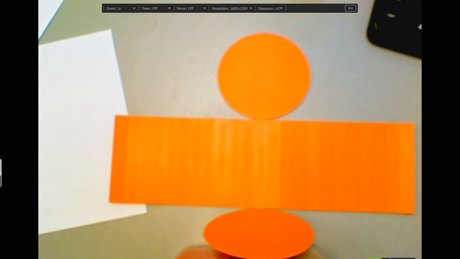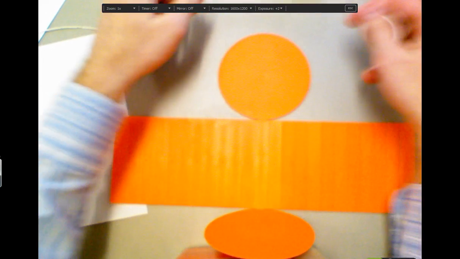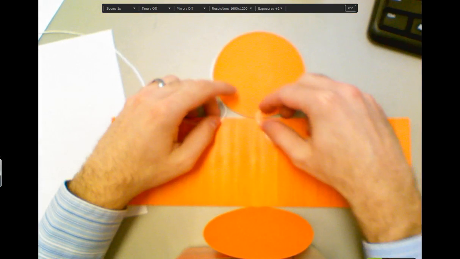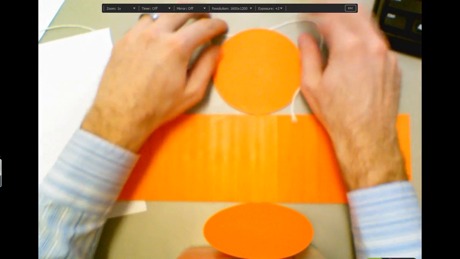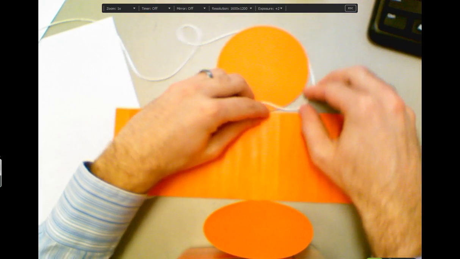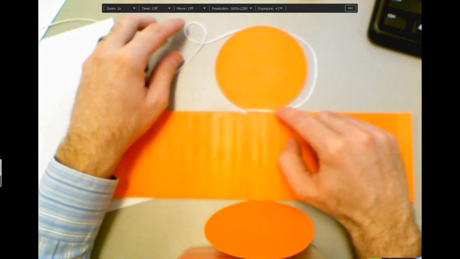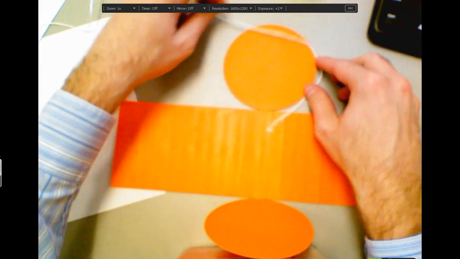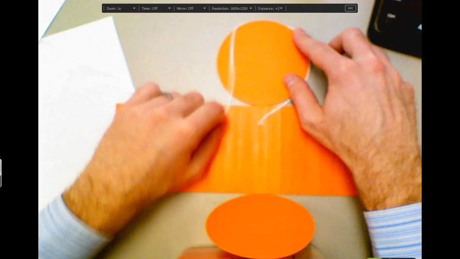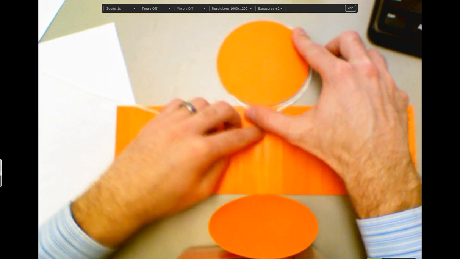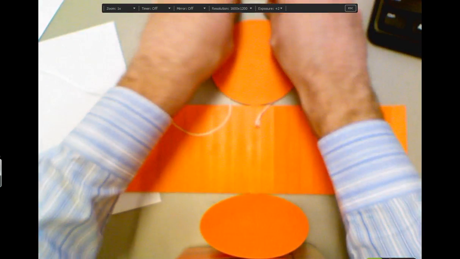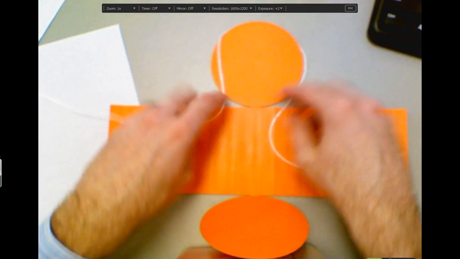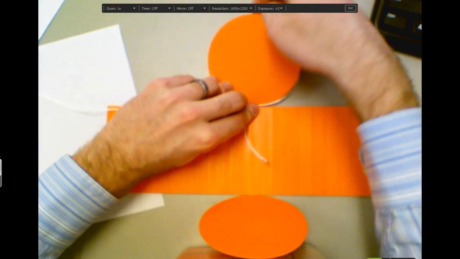I should have brought a piece of string and actually measured that out. Oh, here we go. Let's try this. Quick little measurement thing here, just so you can see. If I put a piece of string around this circle, all the way around. It won't be exact. Sorry, I should have planned this out better.